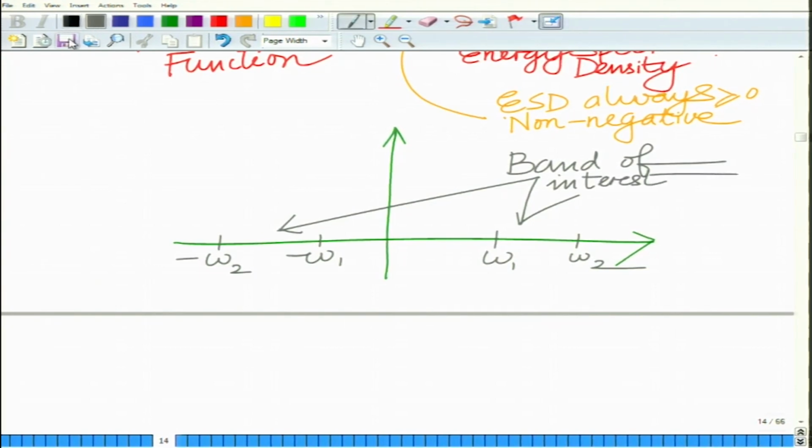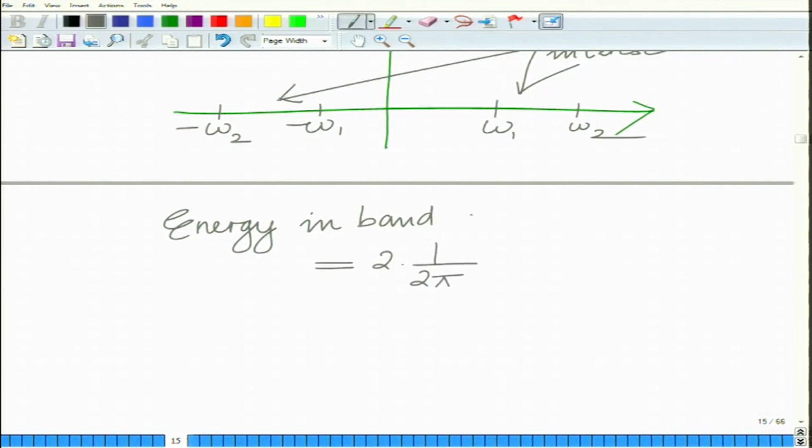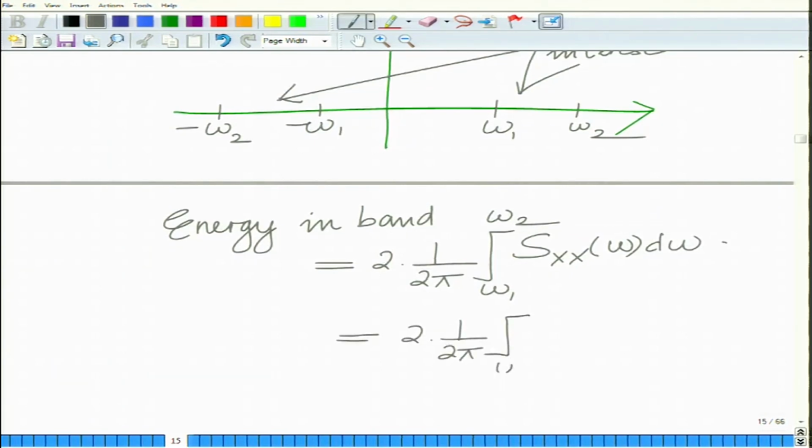So, the energy in the band equals twice, because it is symmetric, 1 over 2 pi from omega 1 to omega 2 of the energy spectral density, which is nothing but twice 1 over 2 pi, omega 1 to omega 2, magnitude x of omega squared d omega.